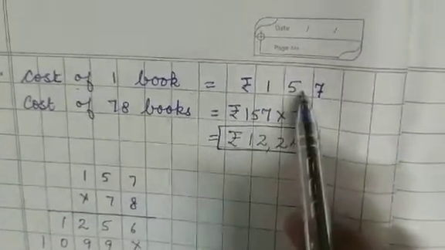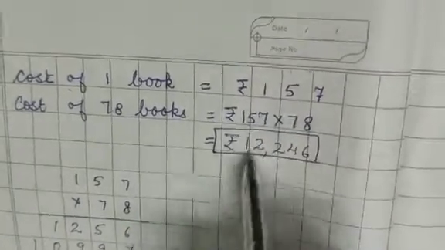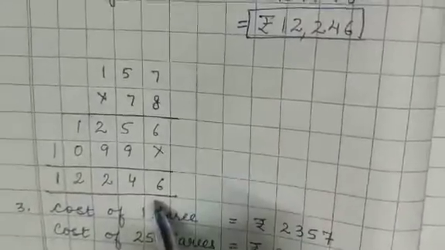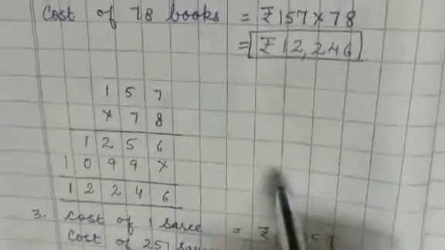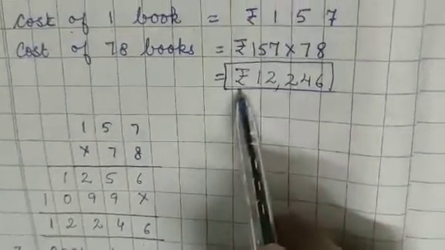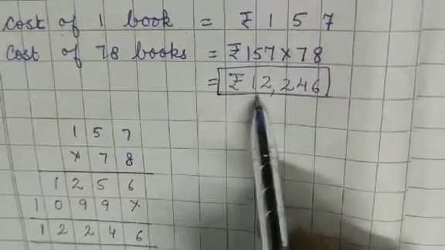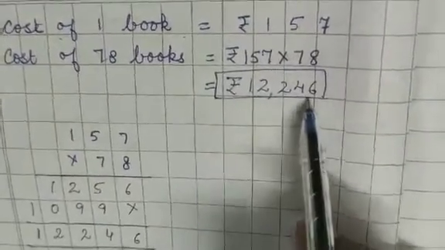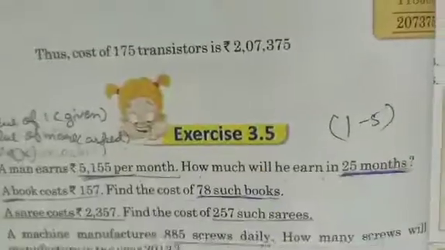Now they have given 157 and asking 78. Okay, we will multiply, and when we multiply, we will get the answer 12,246. Now your answer will be, the cost of 78 books is rupees 12,246. Clear? Now move to the next question.